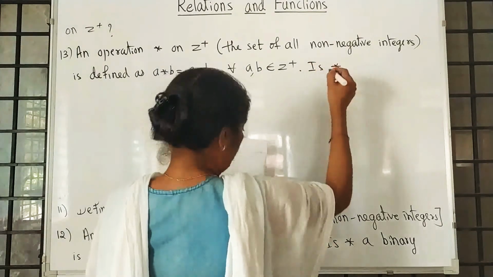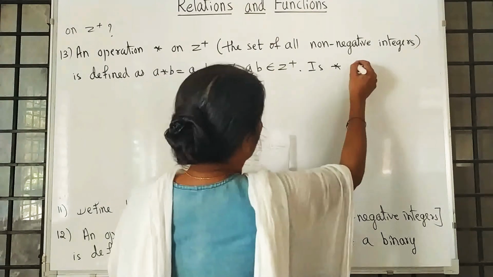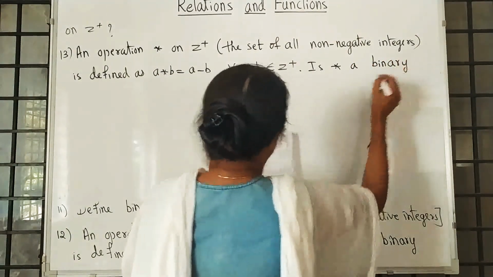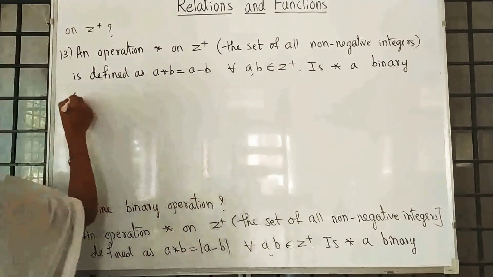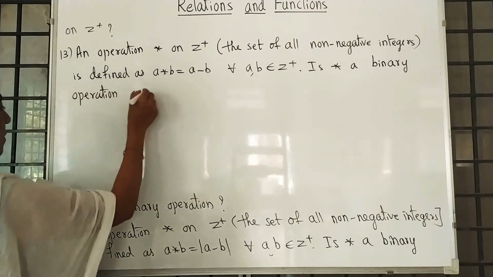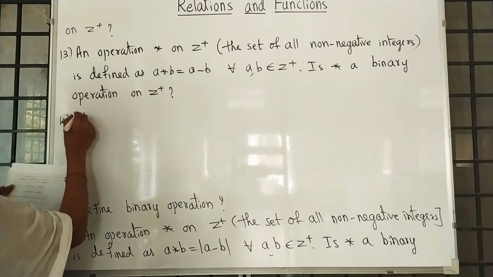There is mod in the previous one, it is without mod here. Is star a binary operation on Z plus?